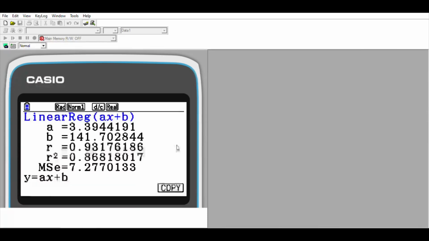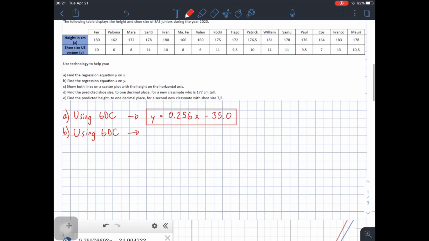So if we go back to the electronic assignment, we would write this as x equals, the value of a is 3.39, y plus 142. So this is our equation x on y. You see that it is a totally different equation from the first one we got here.